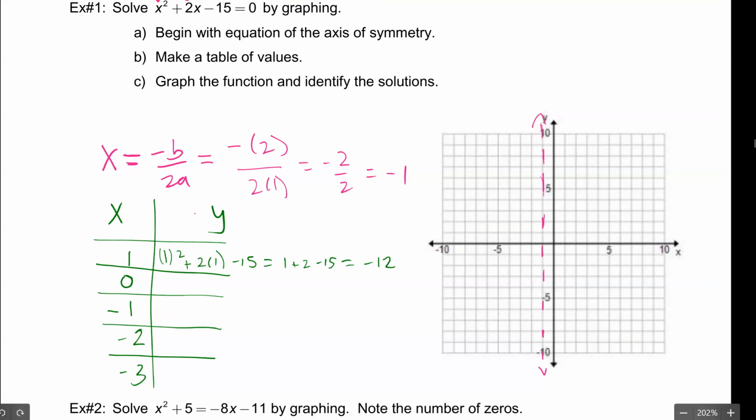If I plug in 0, 0 squared plus 2 times 0 minus 15. 0 plus 0 minus 15. Do I need to put 5, or do I need to put 15?